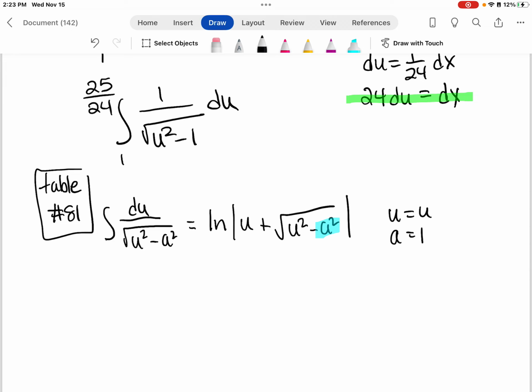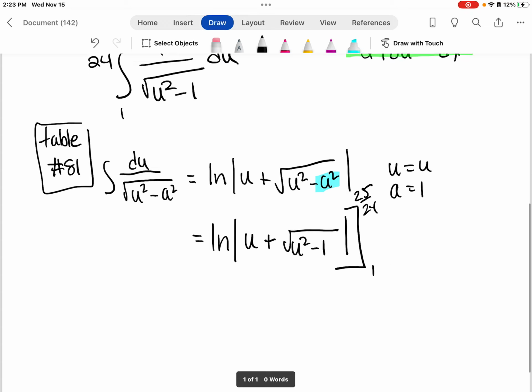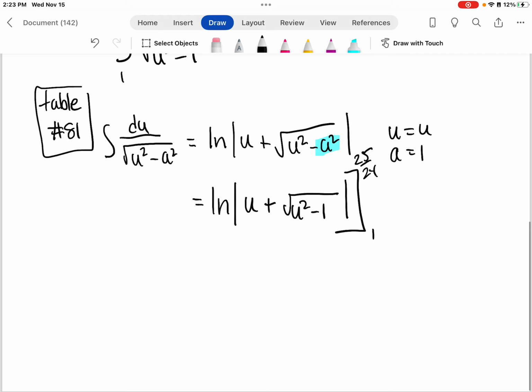So now if we do this substitution, we're going to get that our integral is going to be the natural log of u plus the square root of u squared minus 1. And we're going to integrate that over the limits from 1 to 25 over 24. So let's start evaluating this.